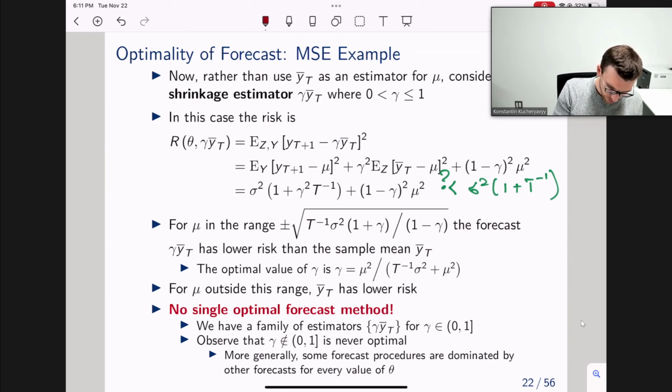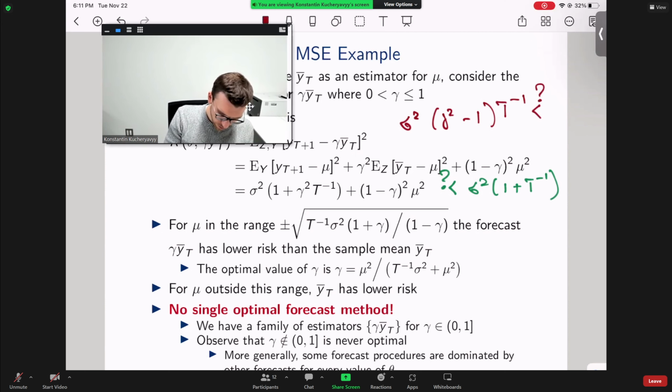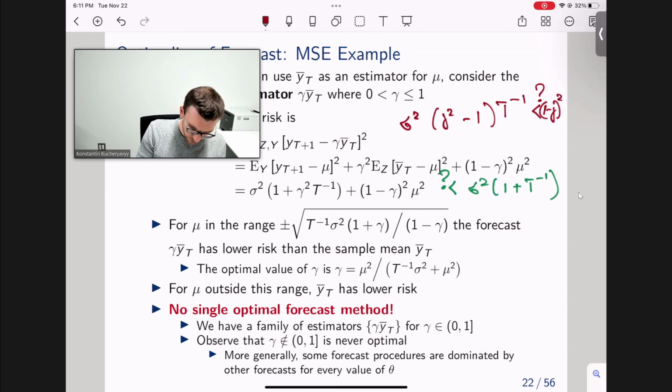So it would be sigma squared times (gamma squared minus 1)/(t minus 1) lower than (1 minus gamma squared) mu squared, and then divide both sides by 1 minus gamma squared.